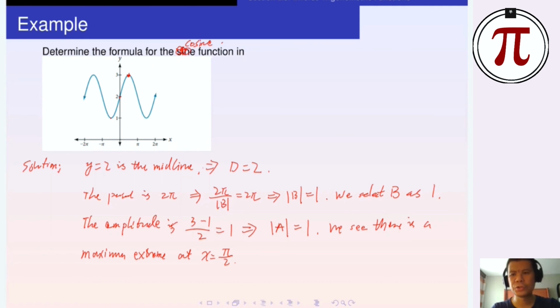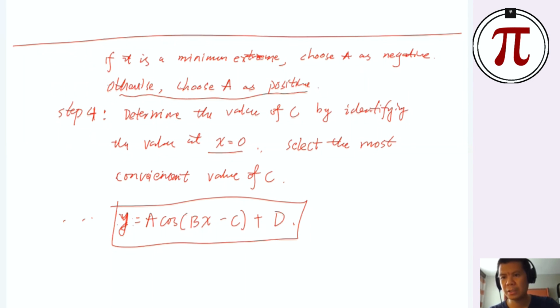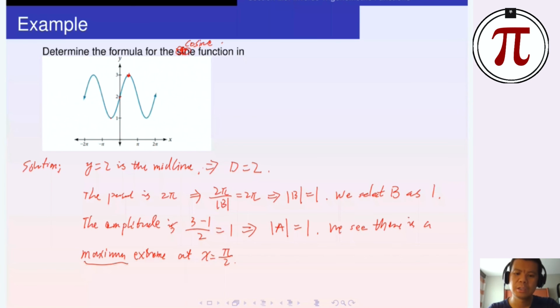Since it's a maximum, we choose A as positive, correct? So A equals what? We select A as 1. Yes. Good. Does that make sense here?